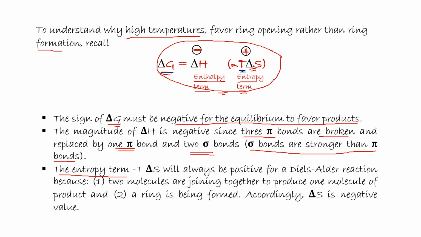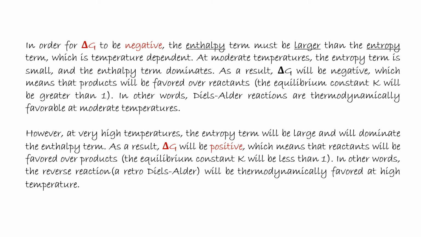If delta G is positive, this means that the reaction will go the other way around because it disfavors the product, cyclohexene.